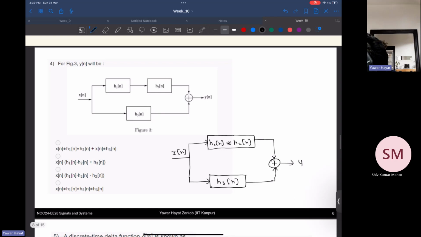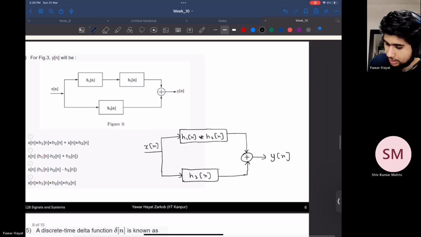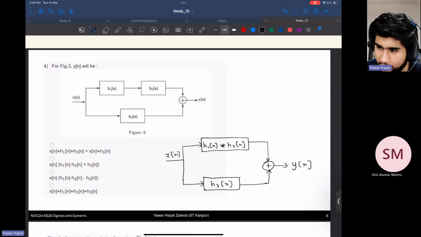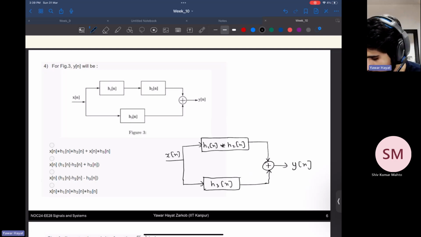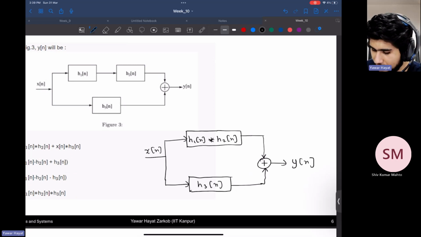Now what is y of n? Again, to determine y of n, first we need to find the resulting impulse response. Now these two impulse responses are in parallel, right?